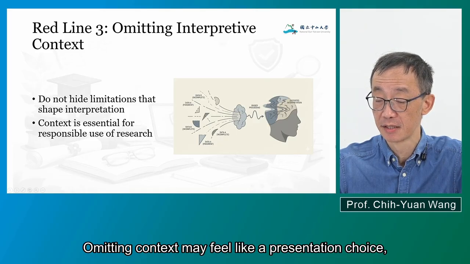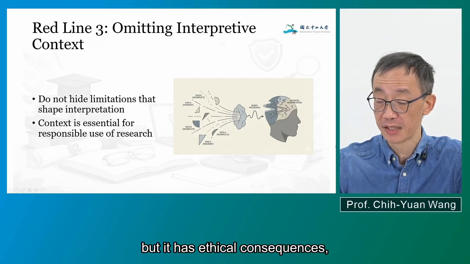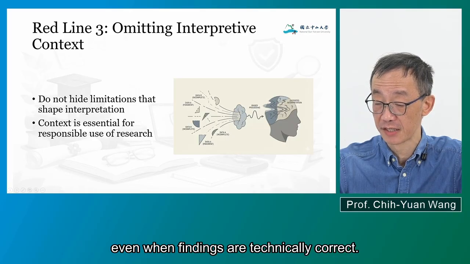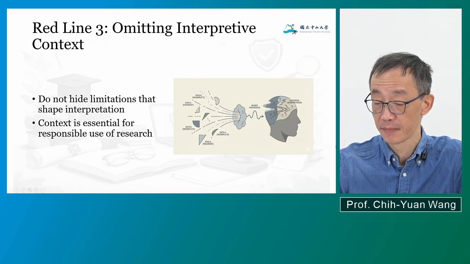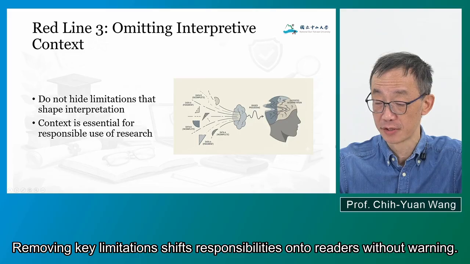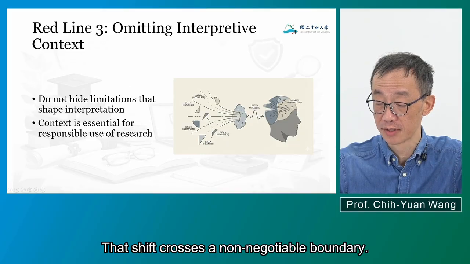Omitting context may feel like a presentation choice, but it has ethical consequences, even when findings are technically correct. Removing key limitations shifts responsibility onto readers without warning. This shift crosses a non-negotiable boundary.